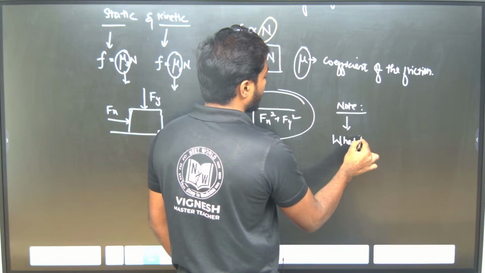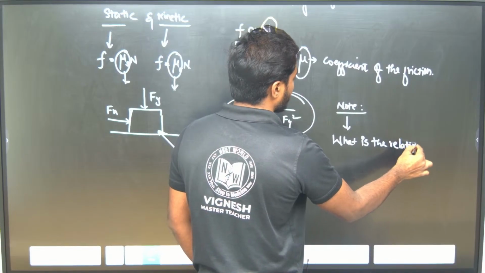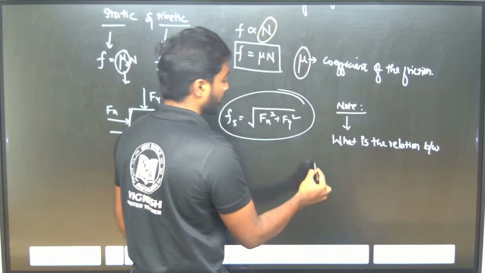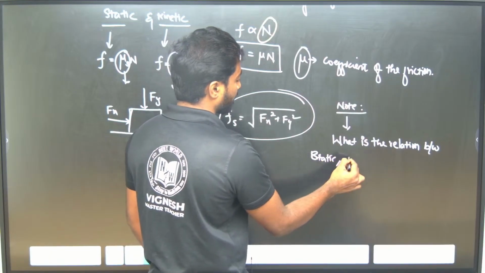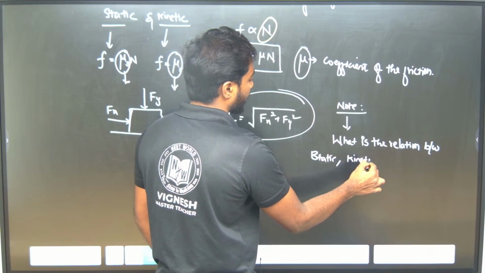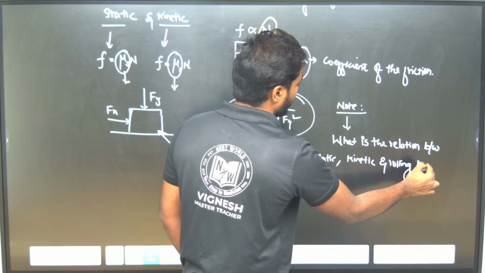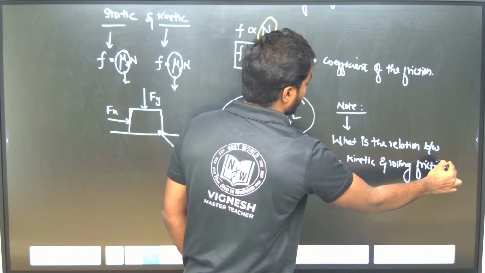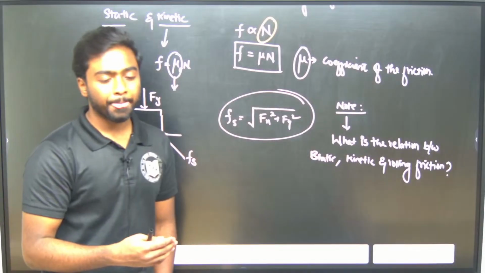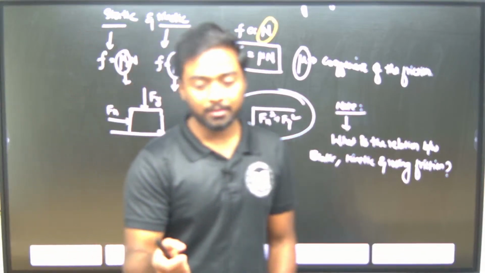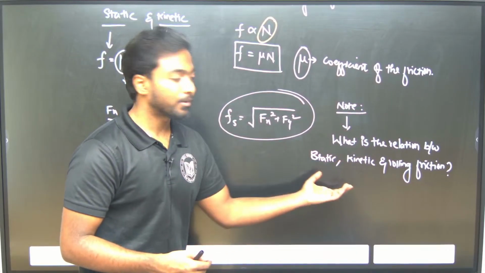What is the relation between static, kinetic and rolling friction? They can ask questions based on these three relations. Rolling friction we will study in circular motion. Before that, we will know what the relation is for these three things.